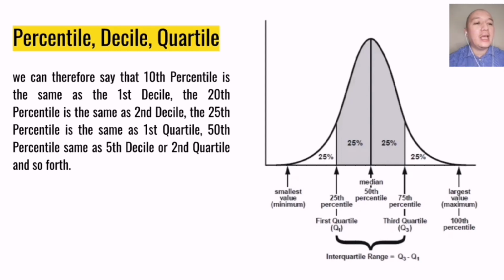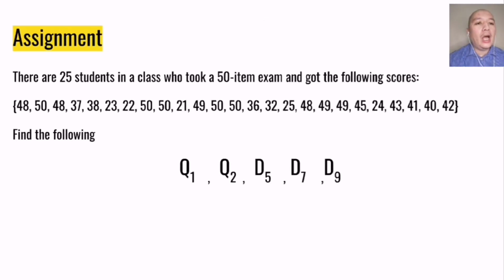I hope we understand that, class. Now, let's try to work on this. I'm giving an assignment to everyone. There are 25 students in the class who took a 50-item exam, and they got the following scores. These are the scores.